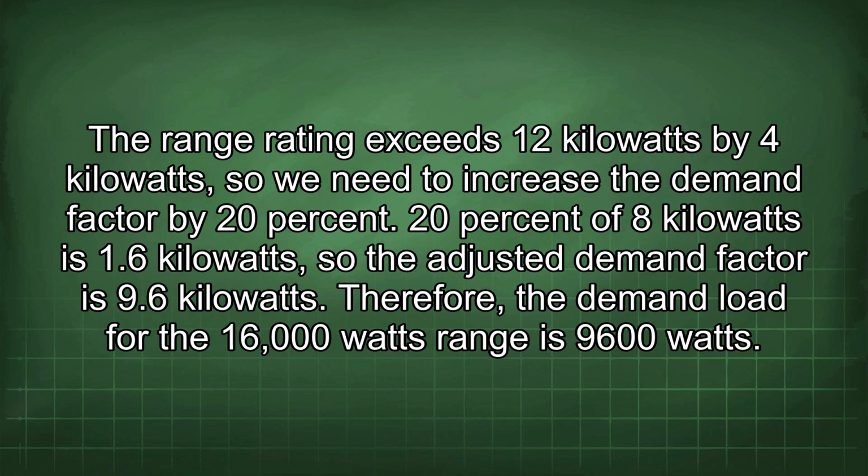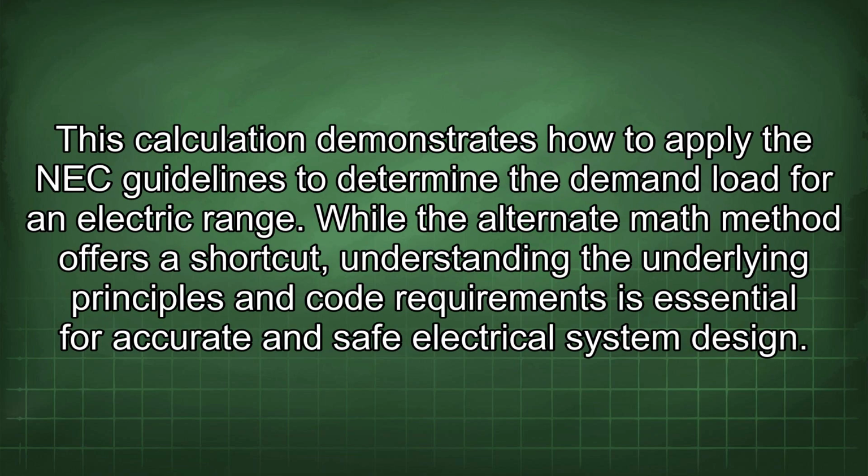Therefore, the demand load for the 16,000 watt range is 9,600 watts. This calculation demonstrates how to apply the NEC guidelines to determine the demand load for an electric range. While the alternate math method offers a shortcut, understanding the underlying principles and code requirements is essential for accurate and safe electrical system design.